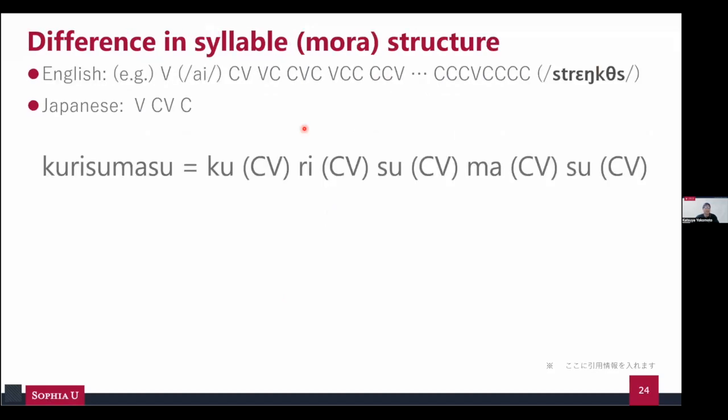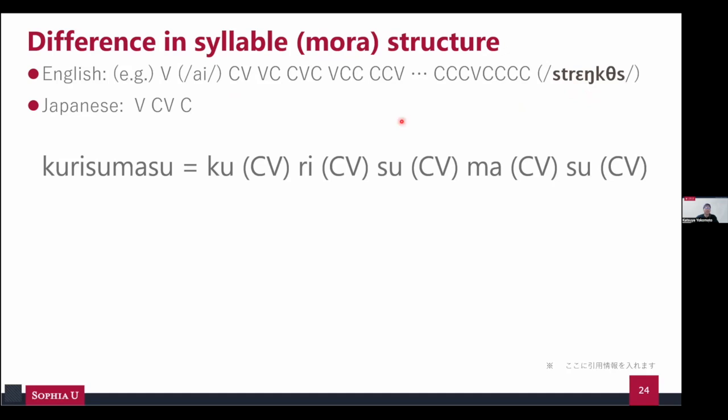When you look at the syllable structure, English has a variety of syllable structures. The simplest one is vowel only, like I. Or the more complex one, I think the most complex one is CCCVCCC, consonant, vowel, consonant sequence. Within one syllable, it's surprisingly long, right? Strength has 8 sounds in it, 8 segmentals in it.